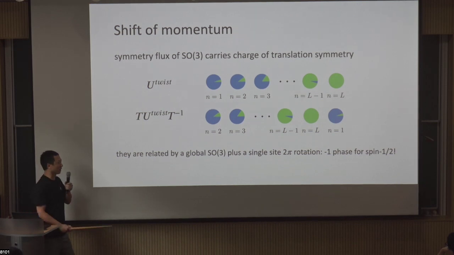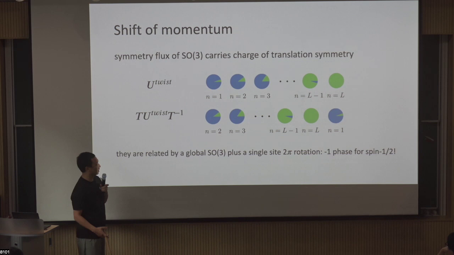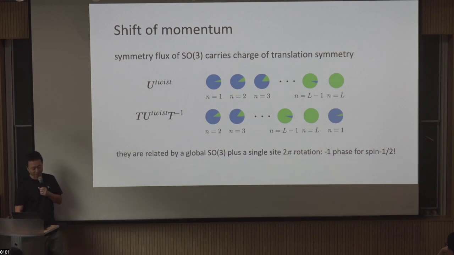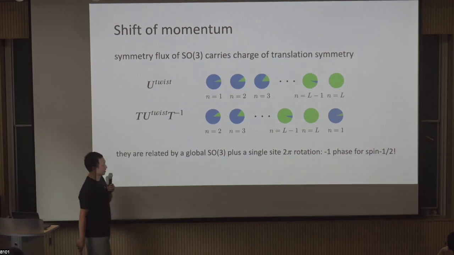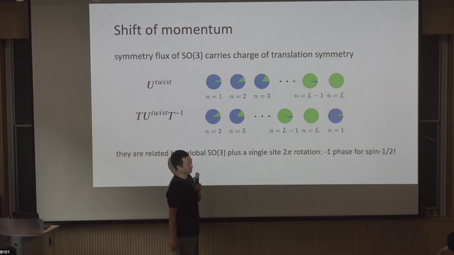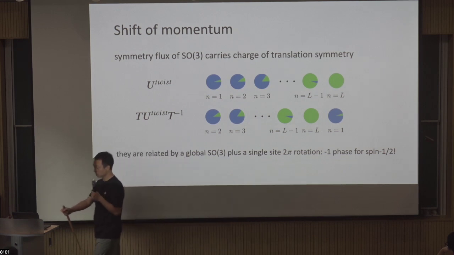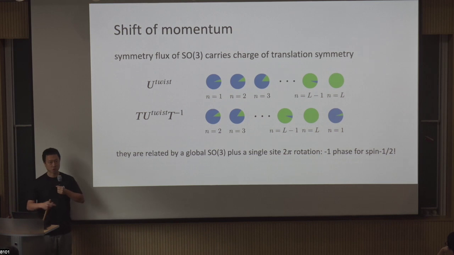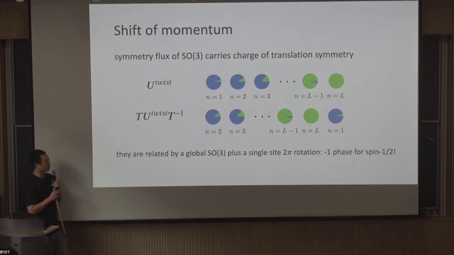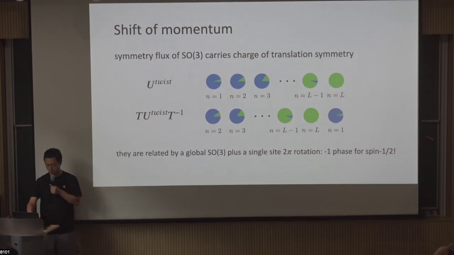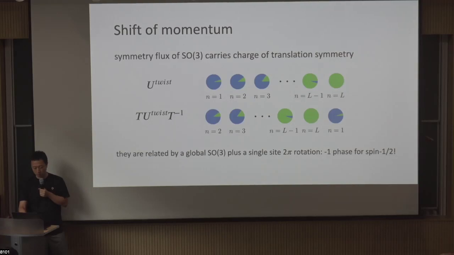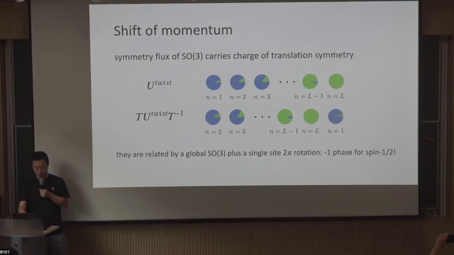Now, just like many other non-trivial interesting phenomena in quantum mechanics, here the punchline is that a 2π rotation for spin 1/2 is -1. From the wave function or from the representation of the group, a 2π rotation doesn't send you back. It sends you to -1. Which means these two operators anti-commute on any SO(3) symmetric state.